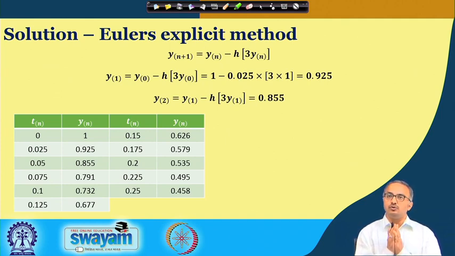Okay? So, what you should do is choose the higher value of the step size, because if you choose the higher value of the step size, then the computation time will get reduced. Okay? So, that is how we choose the step size for the numerical solution.